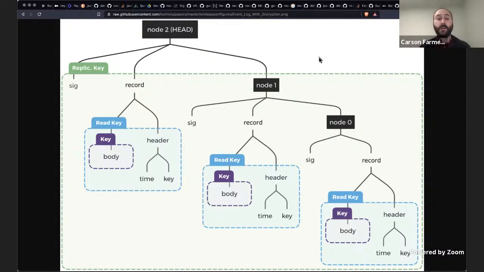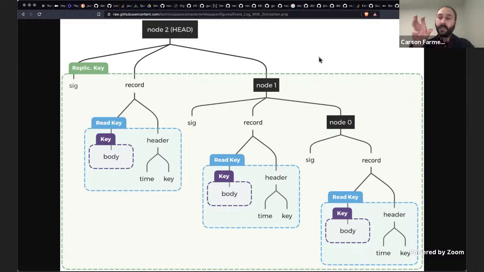And each record contains what you can see here in this figure. It's got some header information, including the time. And we use the term time loosely. That's generally some sort of logical clock to represent time. It need not be wall clock time. And then the key that is used to encrypt the body of that record.